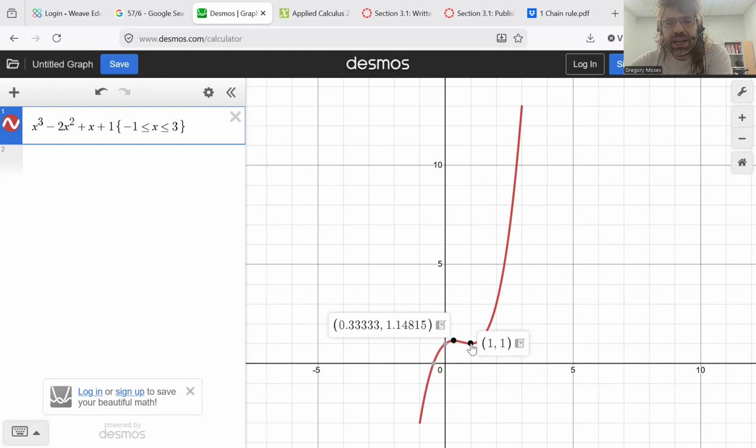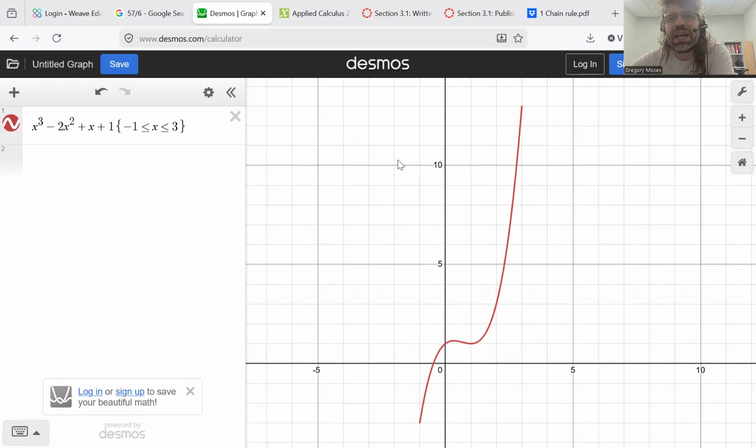It goes down. Here's the 1. Again, it's a critical value. It's not an absolute extrema, though, because then the graph goes up and achieves its maximum value at 3, 13. So we can look at this graph and verify our answer. This is the minimum value. This is the maximum value.